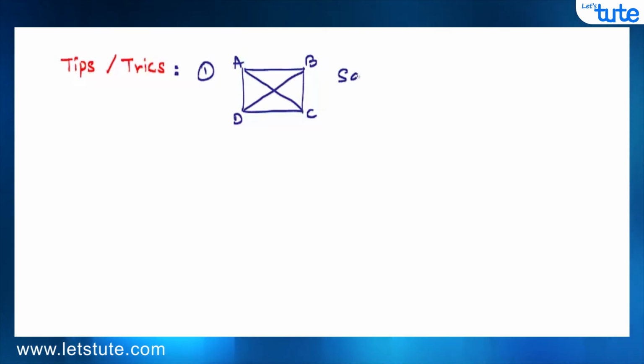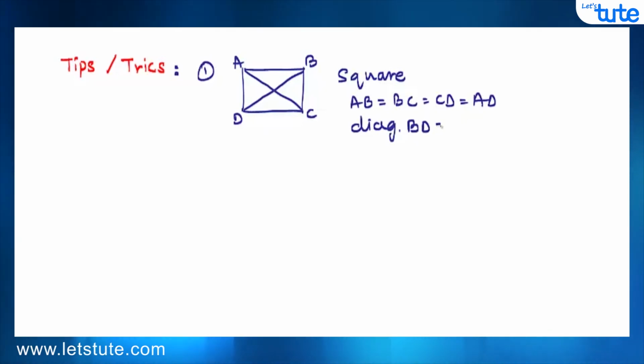Suppose the quadrilateral is a square. You will get the lengths of AB, BC, CD and AD equal, and diagonal BD will be equal to diagonal AC. I am talking about the lengths.